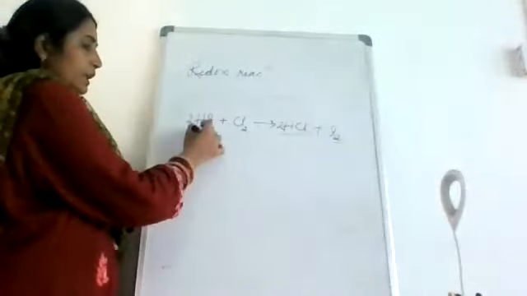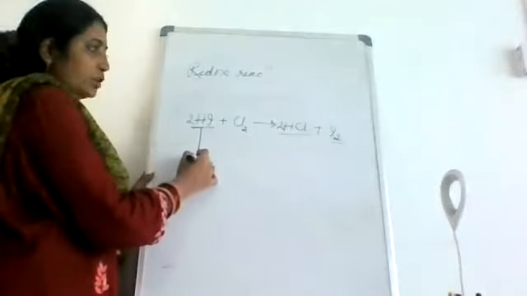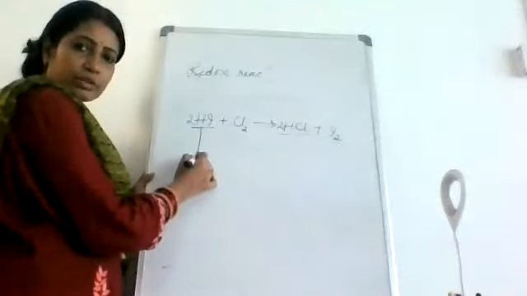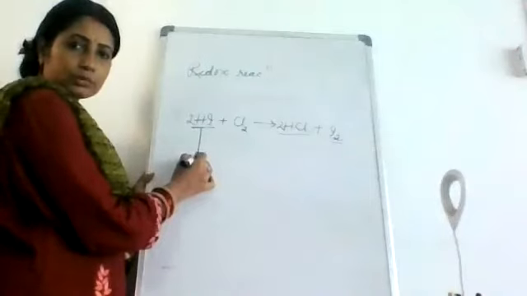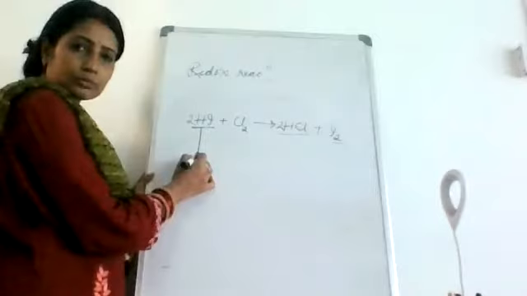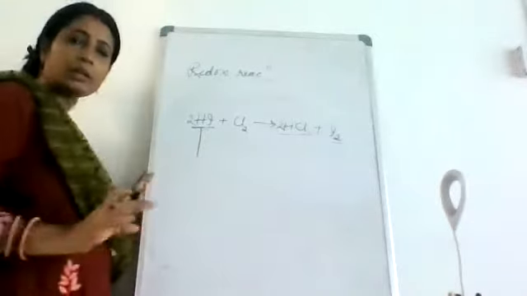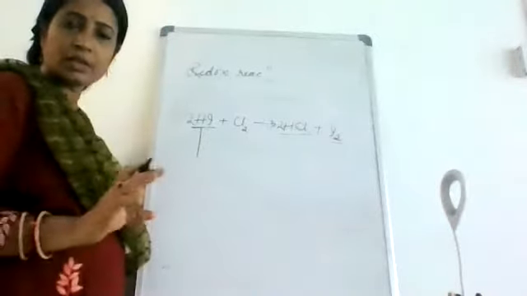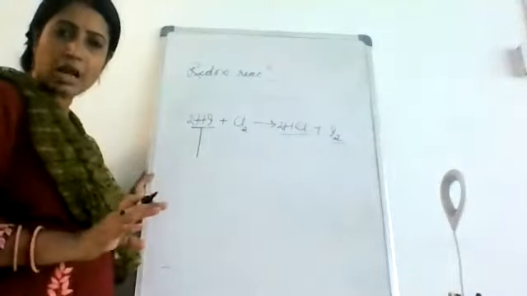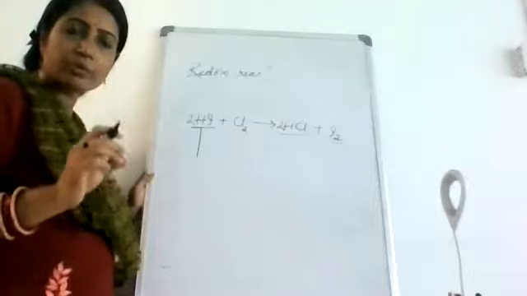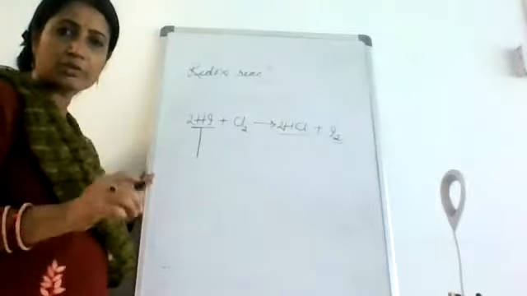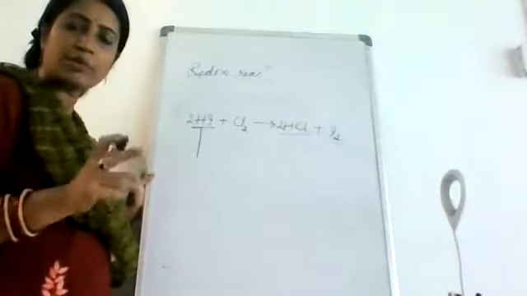So you can take the arrow of HI to which product, HCl or I2? Here there is no oxygen. Is there any oxygen, class? No, ma'am. So we have to discuss the redox reaction in terms of hydrogen.